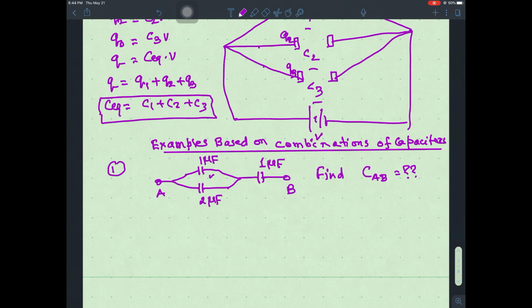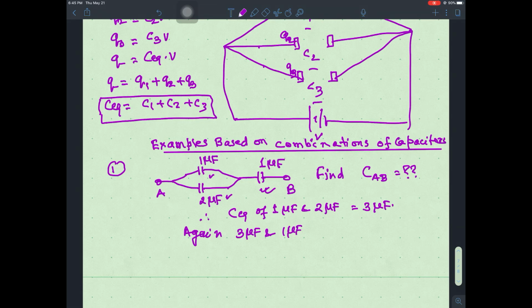We know that this 1 microfarad and 2 microfarad are in parallel. Therefore, C equivalent of 1 microfarad and 2 microfarad is your 3 microfarad, and this 3 microfarad and this 1 microfarad are in series.